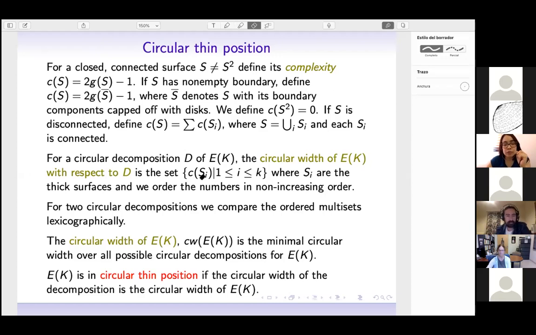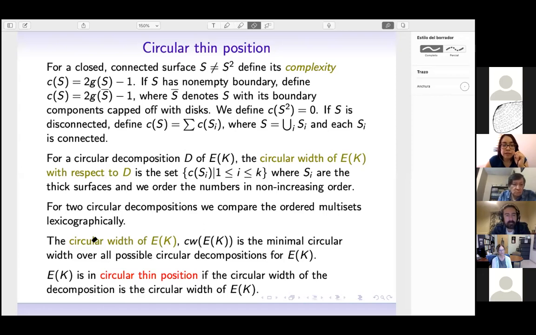For a circular decomposition of the exterior of K, we define the circular width with respect to that decomposition as the set of complexities of the thick surfaces, and then we order these numbers in non-increasing order. For two decompositions, we compare the ordered multisets lexicographically.